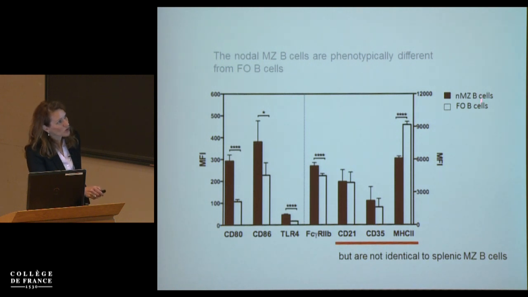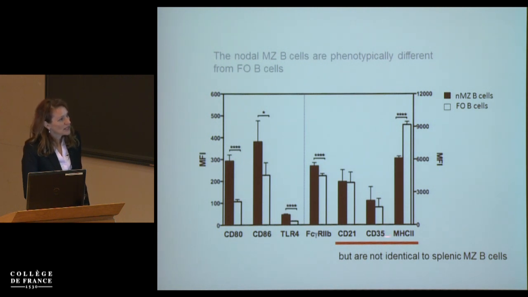Now we're talking about the nodal marginal zone B cells in comparison to follicular B cells from the lymph node. The difference is in the toll-like receptor expression, which has also been shown for marginal zone B cells in the spleen. Fc gamma receptor 2b should also be higher expressed on marginal zone B cells, and indeed they also show this.